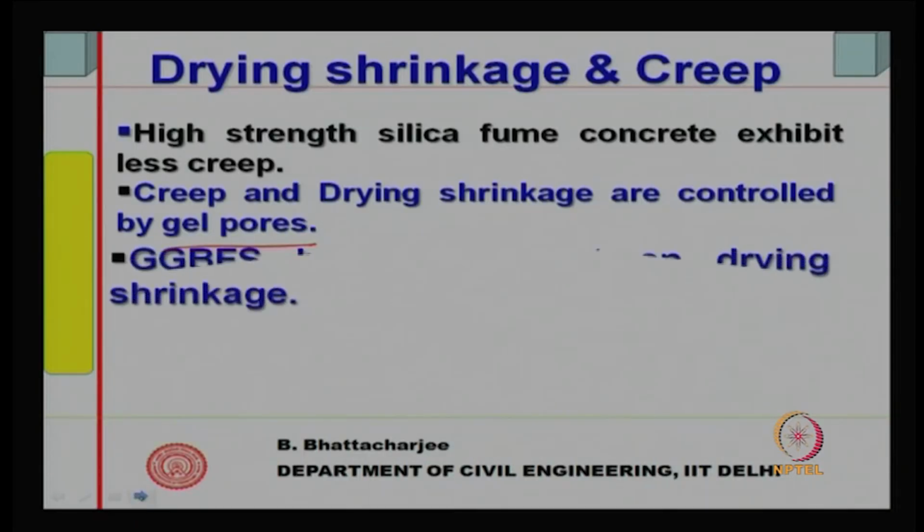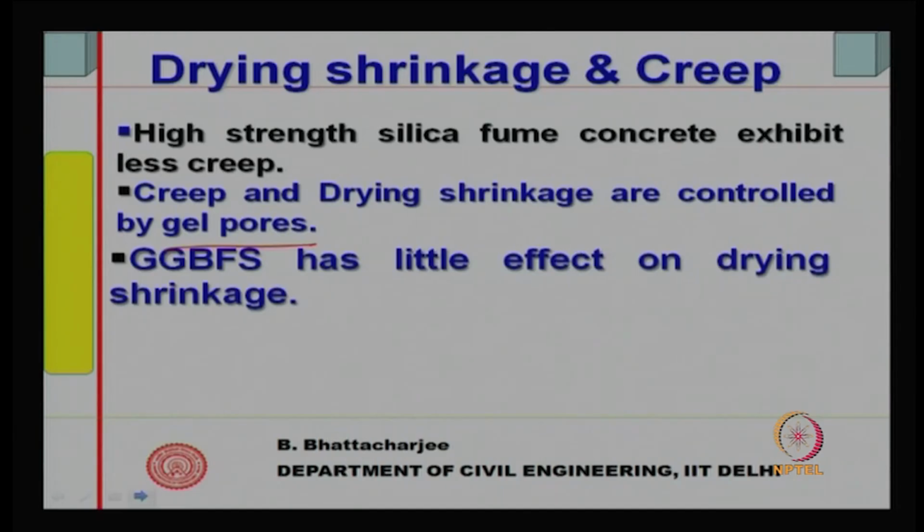Gel water itself will have movement, drying off, and this causes collapse of the gel structure or change in dimension, and that is what drying shrinkage is. So, both are controlled by gel pores and gel water. If gel water can be held for a longer period of time, the drying effect will be much less, and shrinkage also, and the creep effect will also be less.